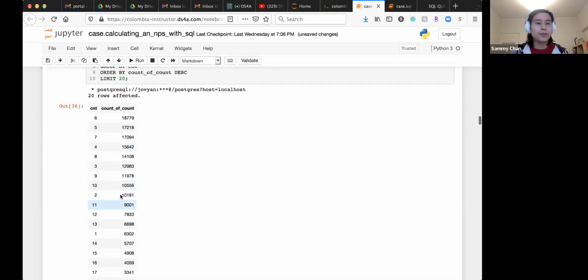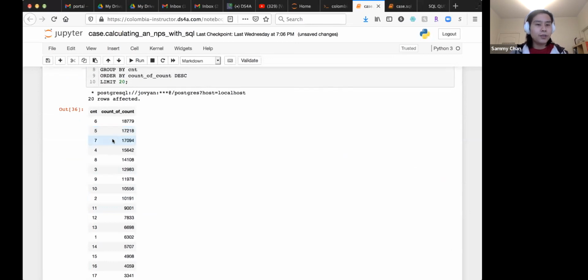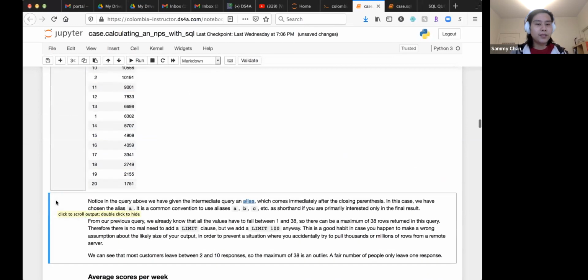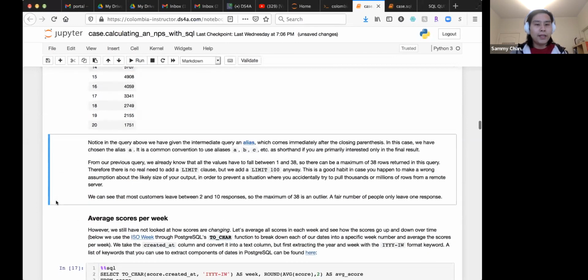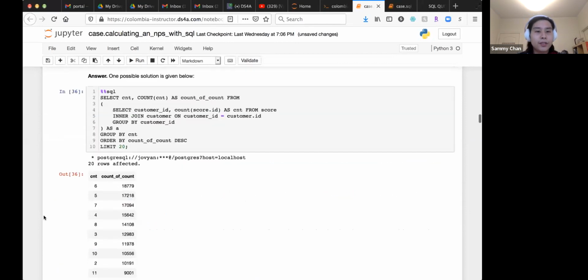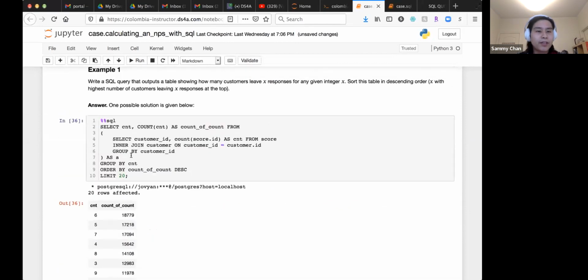Nice. So we see a lot of 5, 6, and 7, and here we've chosen the alias A. You can pay attention that we'll probably be reusing this again in the subsequent queries.